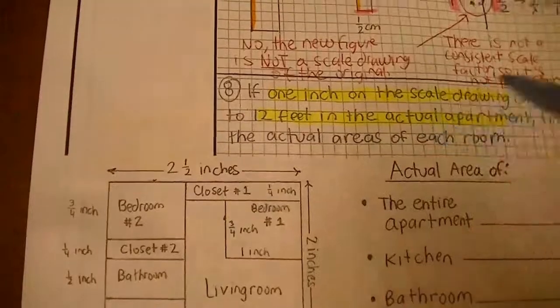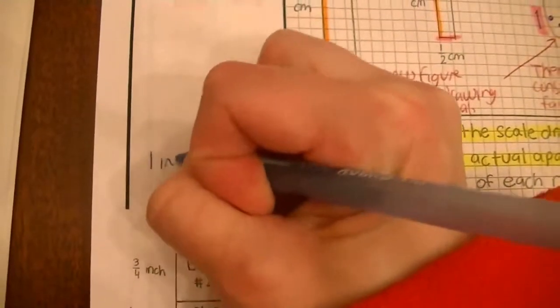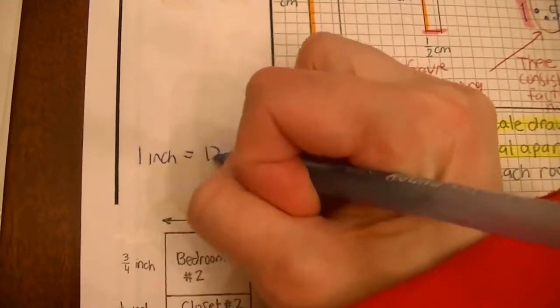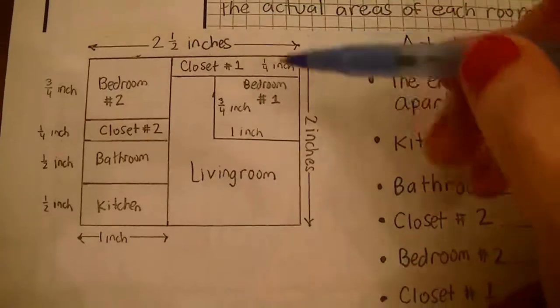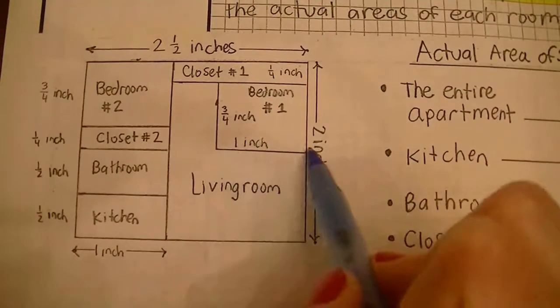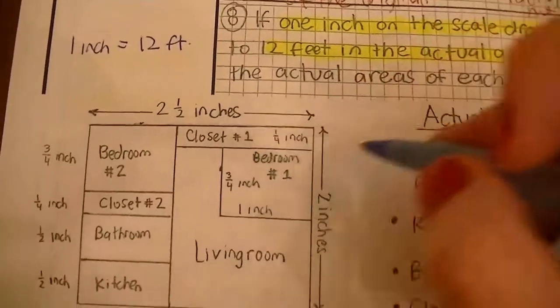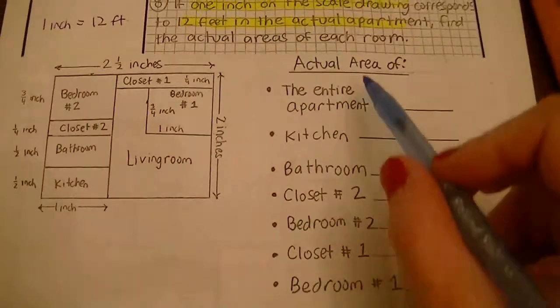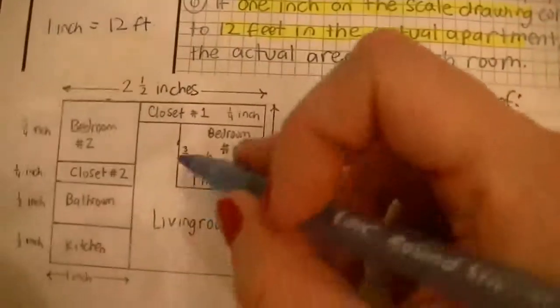So I need to know that 1 inch on here, on the scale drawing, is equal to 12 feet in real life, okay? So as I look here, this right here, from there to there, that's 1 inch. So in real life, that's 12 feet. So I'm going to just start kind of picking this apart and labeling stuff because we've got to find the area of all this stuff right here. Oh, and real quick, do you remember how to find area? What are the shapes here?